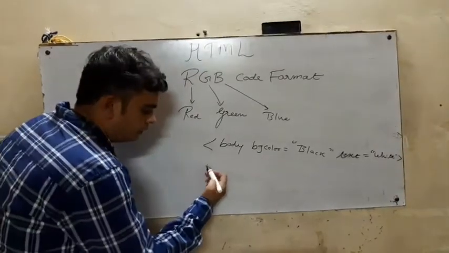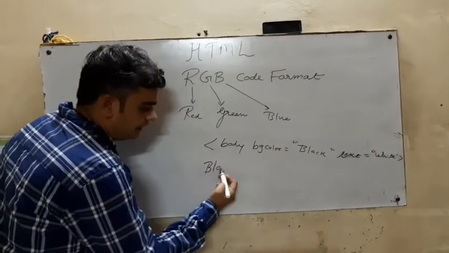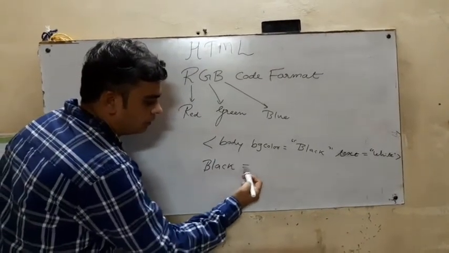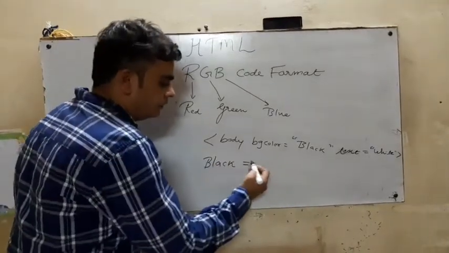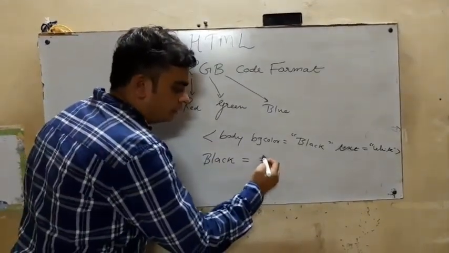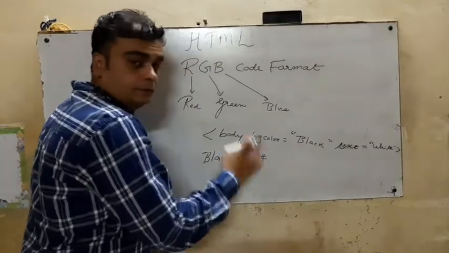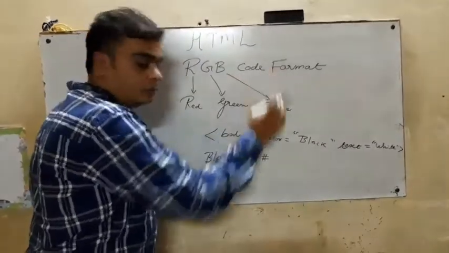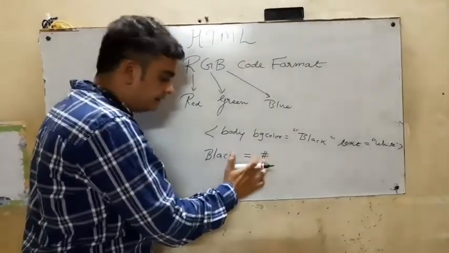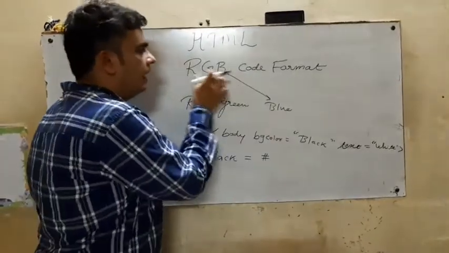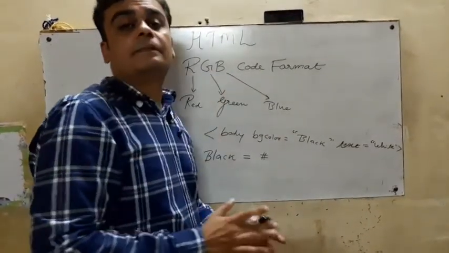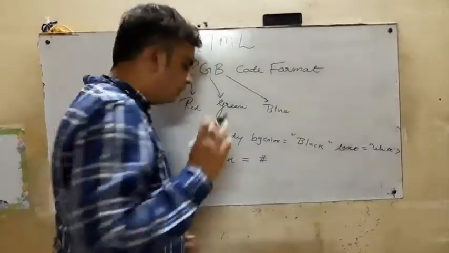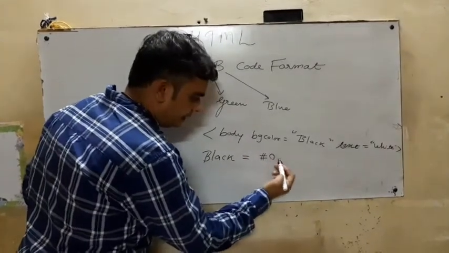Suppose I want to take the hexadecimal code for black color. First of all I have to write a hash, because every hexadecimal color code is represented by this hash sign, followed by 6 digits.